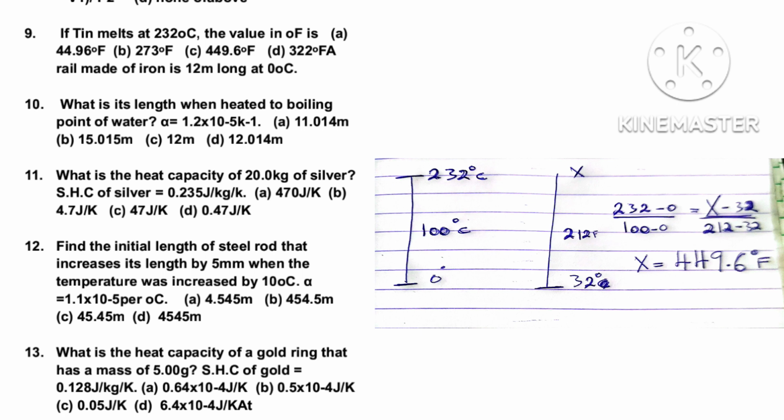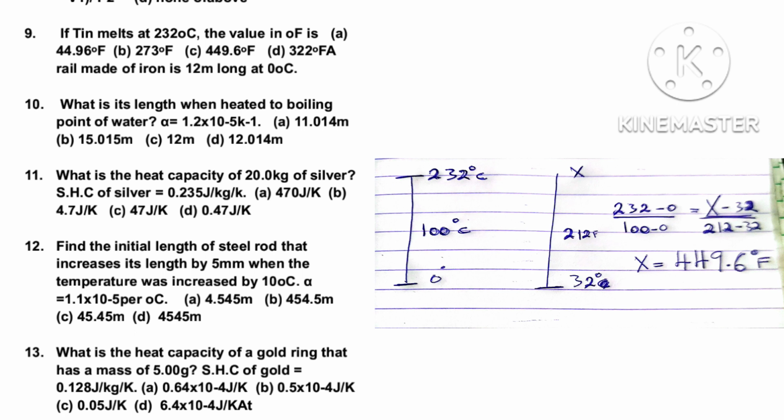Using this table, the right method is to subtract the lower limit from the upper limit, that is the freezing point from the boiling point.